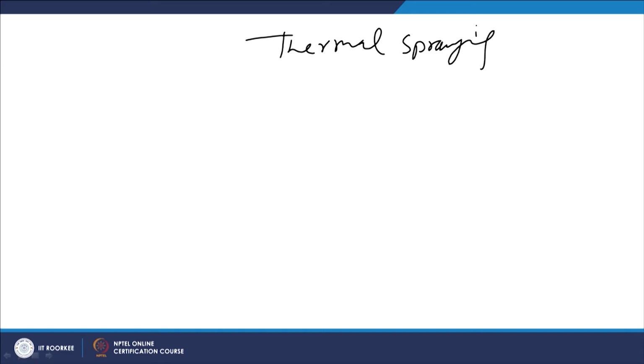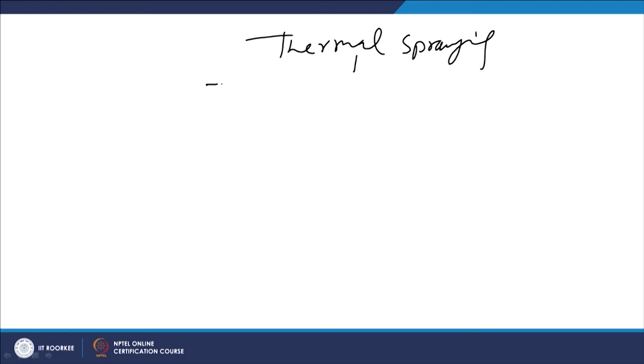In case of thermal spraying, the material which is to be applied onto the substrate is brought to the molten or partially molten state, and then it is accelerated at a high speed towards the substrate, and then after impingement with the surface of the substrate, it gets solidified and forms a layer on the surface of the substrate for surface modification.